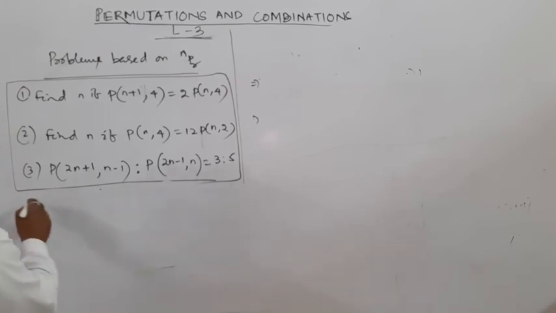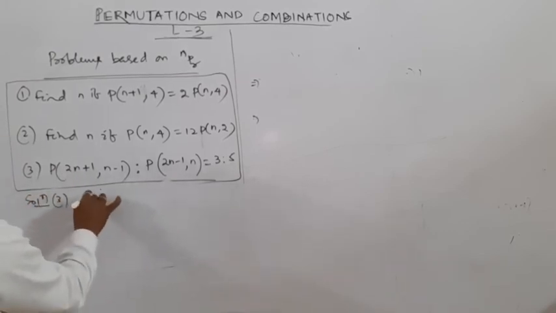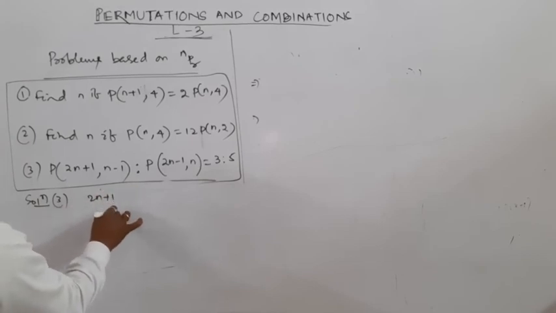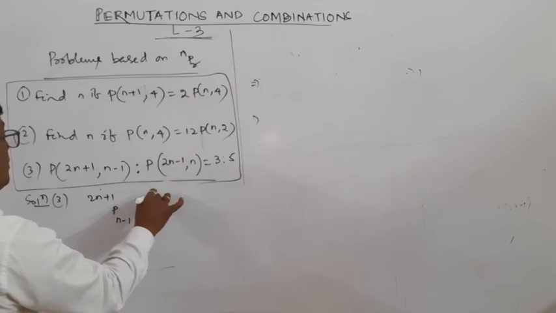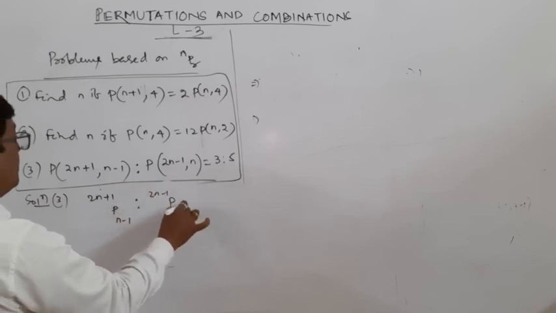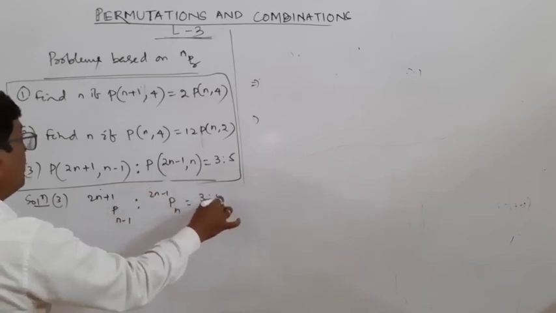Given that the solution of question number 3: (2n+1)P(n−1) : (2n−1)Pn is equal to 3 : 5.